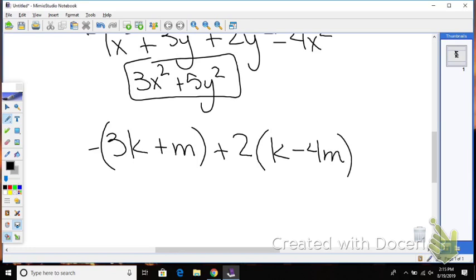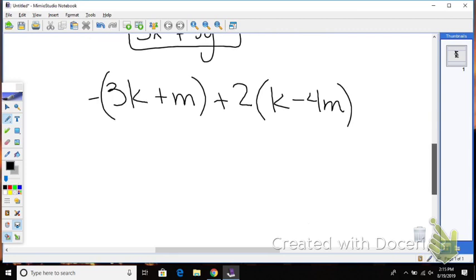So now you're going to have to distribute. This negative is going to have to distribute into the first set of parentheses, and the 2 distributes into the second set of parentheses. So go ahead and simplify that one.